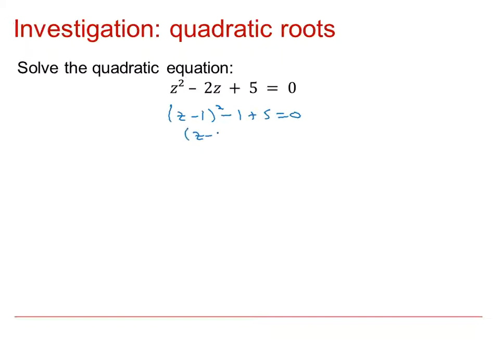So we get z minus 1 squared equals minus 4. Taking square roots of both sides carefully, z minus 1 is plus or minus the square root of minus 4, which we now know is plus or minus 2i, and therefore z equals 1 plus or minus 2i.